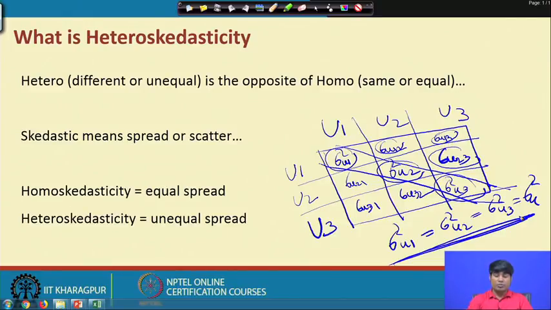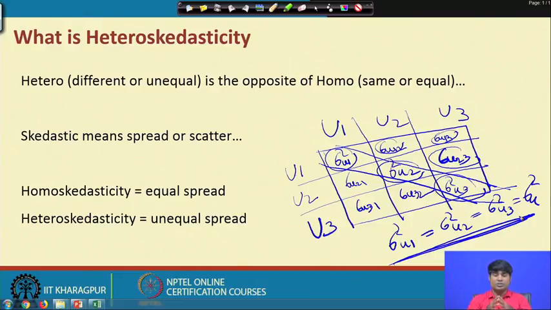So we are looking for equal variance, and the requirement of the OLS technique for any kind of decision making process is that the error variance should be equal over the cross sectional unit and over the time. If they are different, that will automatically take you to the problem called heteroskedasticity.